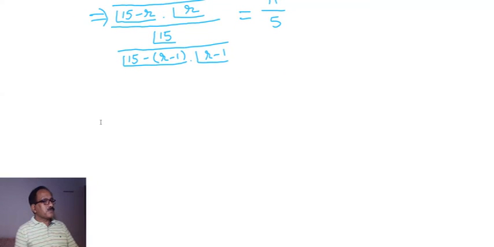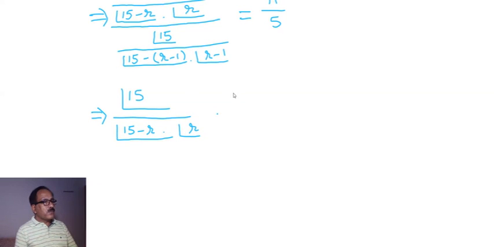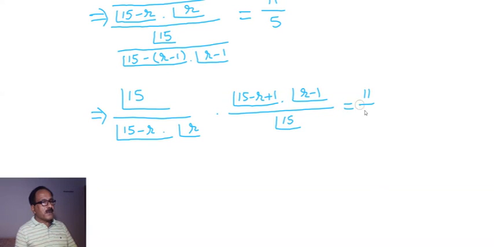Now see, we may write down this step like this: factorial 15 upon factorial 15 minus R into factorial R, into factorial 15 minus R plus 1 into factorial R minus 1 upon factorial 15 is equal to 11 upon 5.